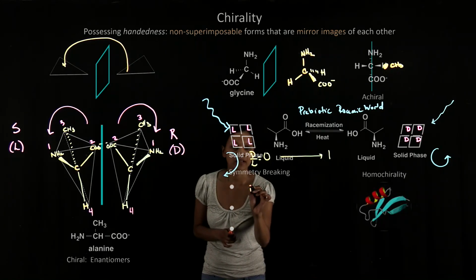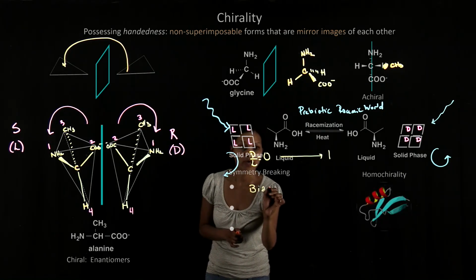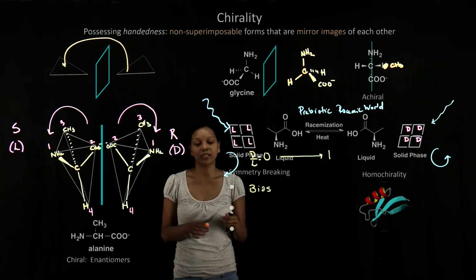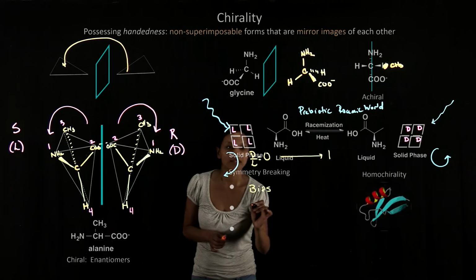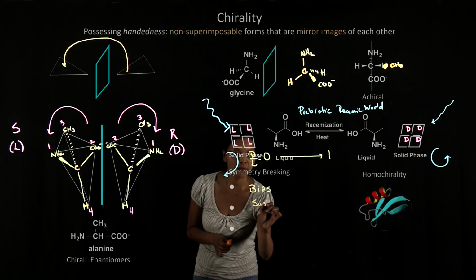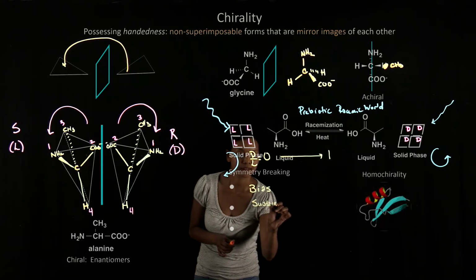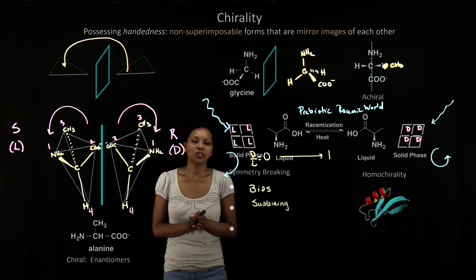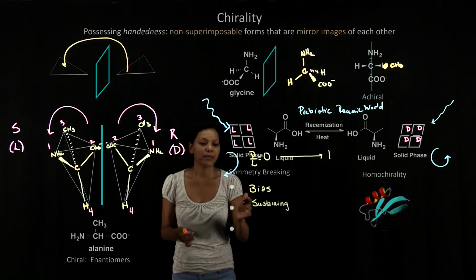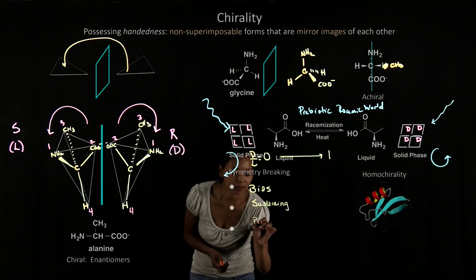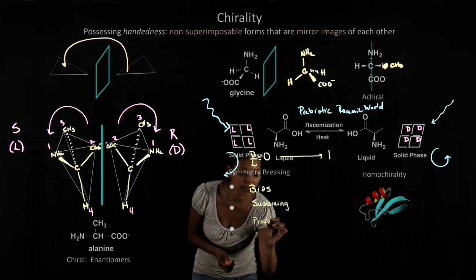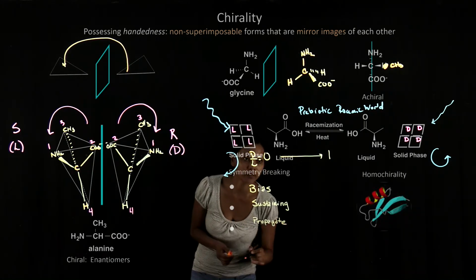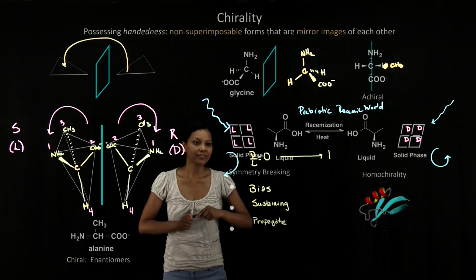So you would need an environment that biases one of the enantiomers over the other. Another thing that you would need is sustaining that biasness, so you need a method of sustaining it. And finally, what you would need is propagation. So how can we propagate this enantiomer enrichment of one amino acid?